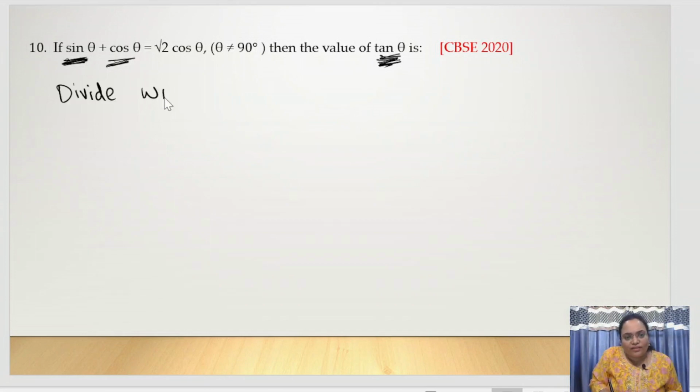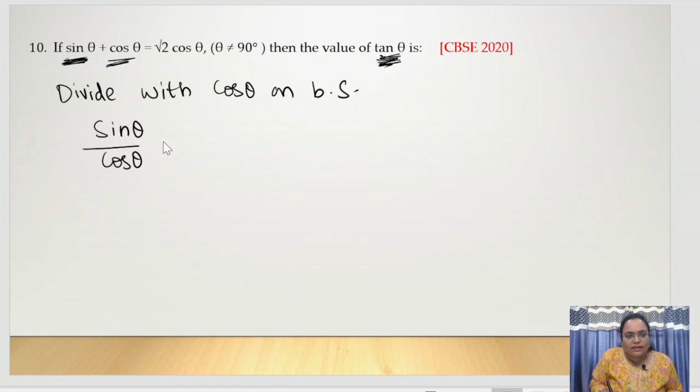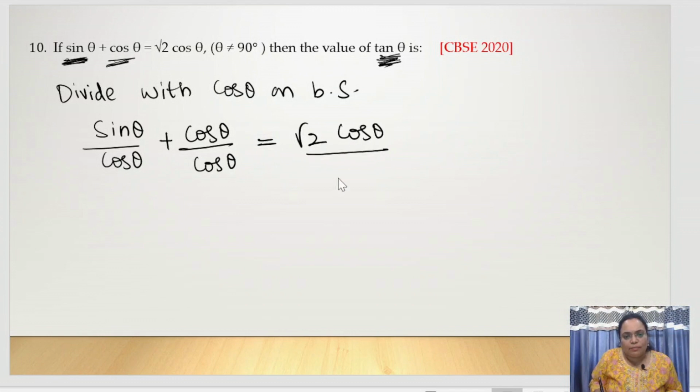Dividing with cos theta on both sides: sin theta by cos theta plus cos theta by cos theta is equal to root 2 cos theta by cos theta.